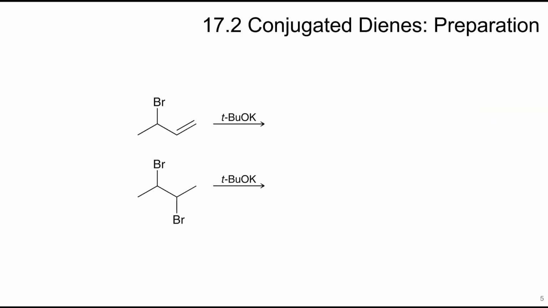In order to make a conjugated diene, if we have an allylic halogen, we can use tert-butoxide to do an elimination to give us the least substituted alkene, to give us this conjugated diene, or you can use tert-butoxide with a dihalide.